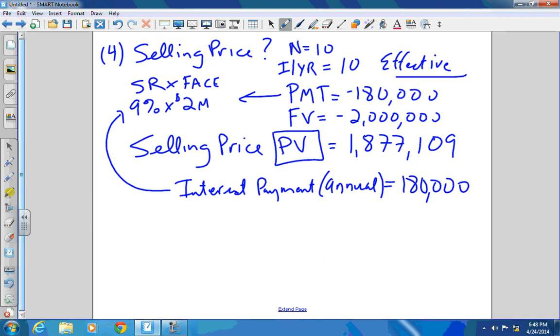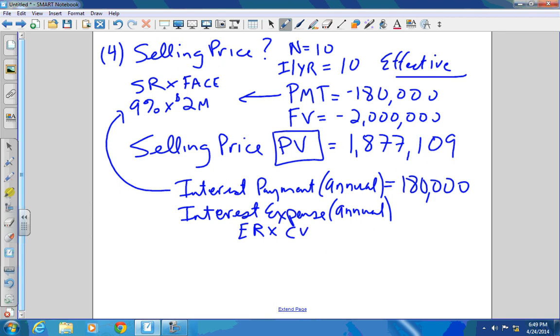Remember, since we're doing effective interest amortization, we have interest expense. And interest expense on an annual basis, for that first year, it's always the effective rate times the carrying value of the bond.